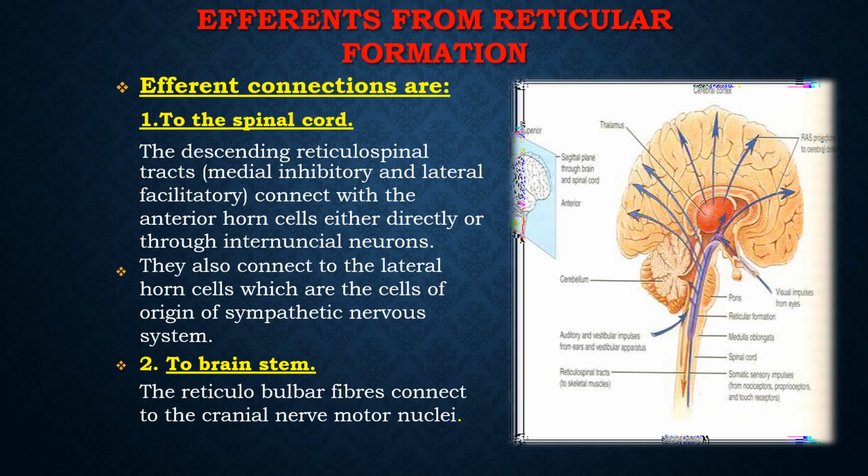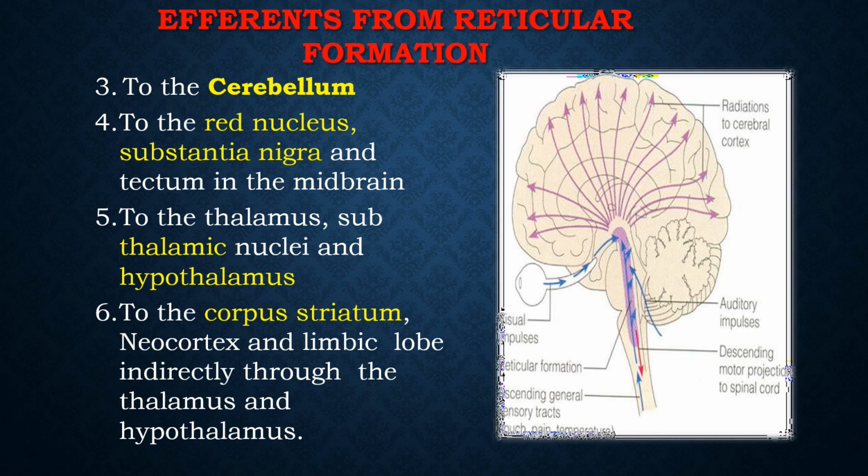And also to the brainstem, the reticulobulbar fibers connect to the cranial nerve motor nuclei. So the cranial nerve nuclei are present in brainstem. So for those nuclei, the reticulobulbar fibers will be connected. That is, efferents will go out of reticular formation to those cranial nerve nuclei.